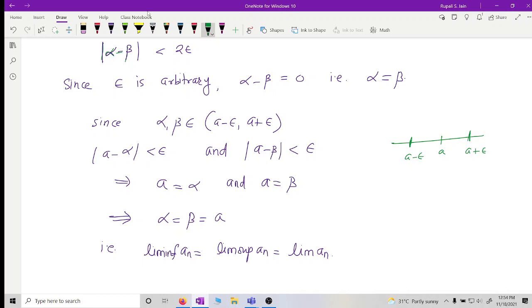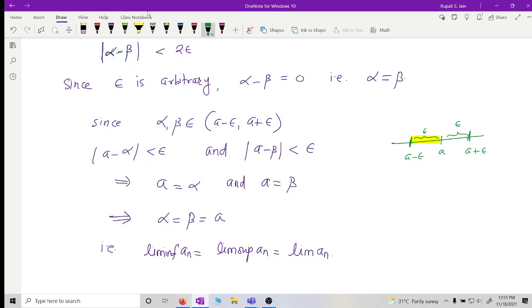Yes, ma'am. And from here, what will this distance be? It is epsilon. This is epsilon, right? This distance is epsilon, this distance is also epsilon.